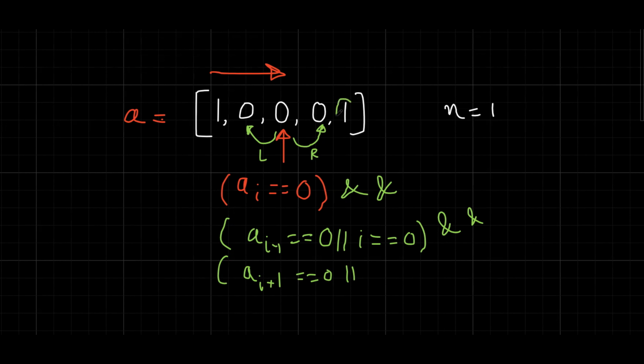Suppose we are present in the last cell, it does not have any other right cell here, right? So it can be one of the possibilities. So we have to again check whether currently we are present at the last cell or not, which is a dot size minus 1.